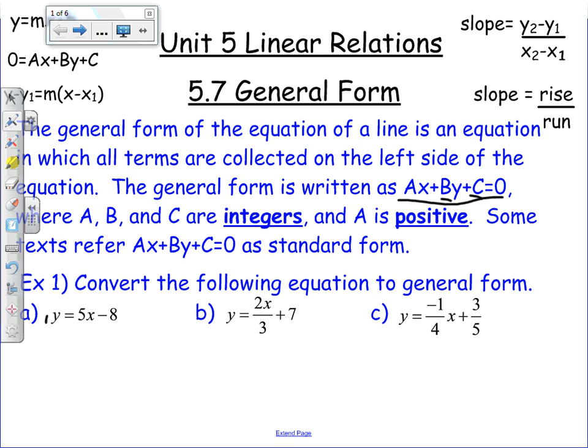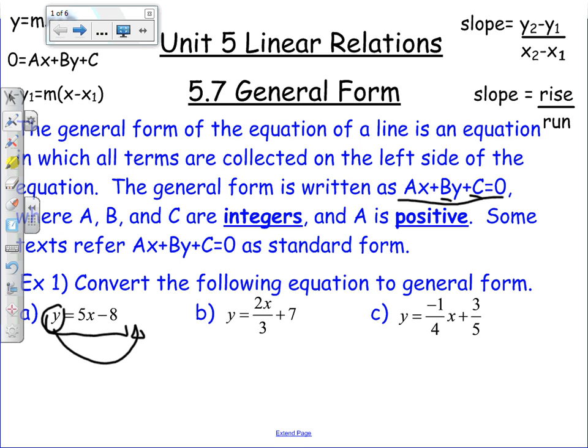This. What type of form is that in? Slope-intercept form. So, to convert something from slope-intercept form into general form, you have to somehow get that y to the other side of the equation. For this one, it's easy. Just subtract y.